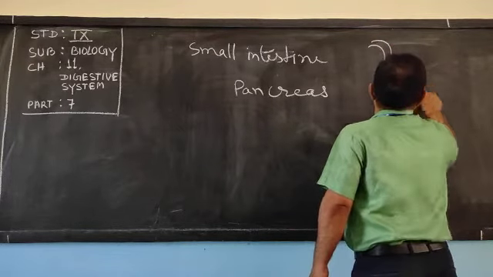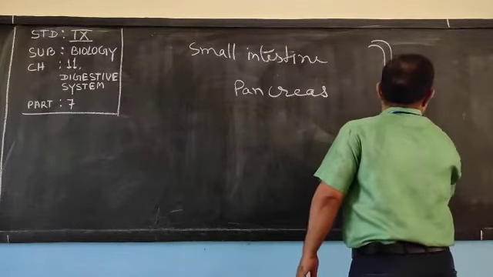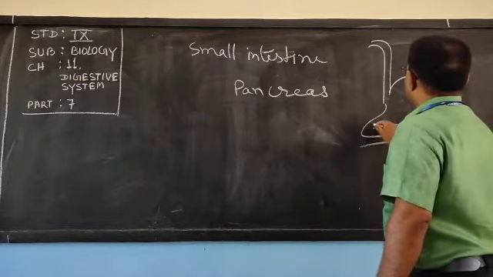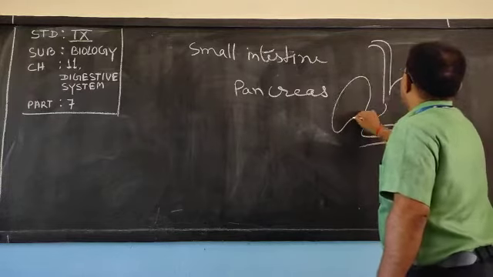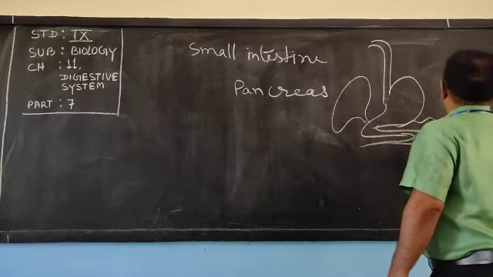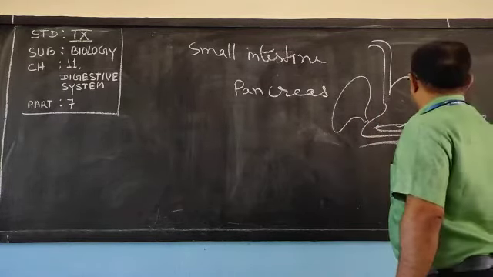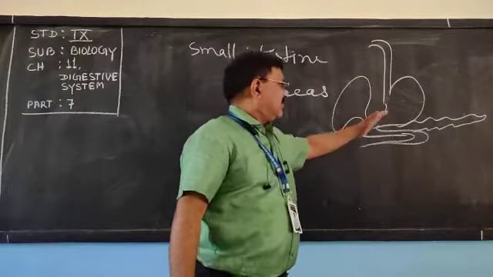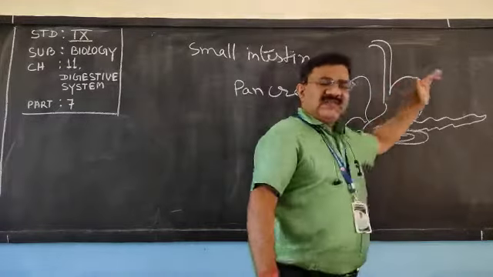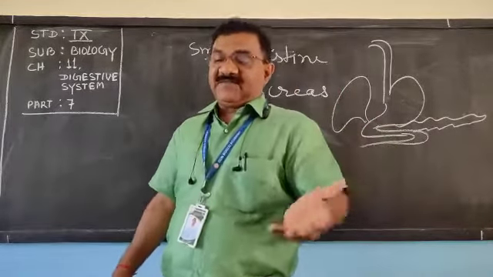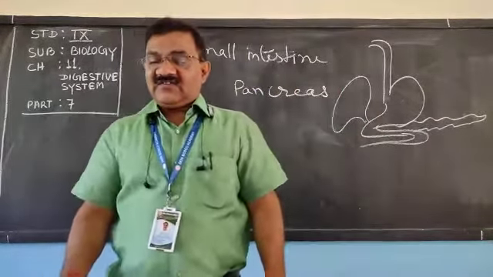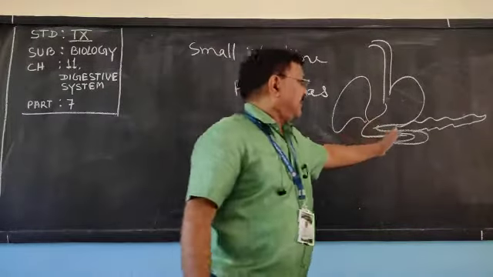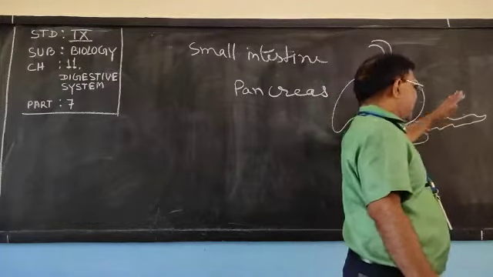This is the digestive system. This is the duodenum. Here is the liver, and here is the pancreas. So, what is the location of the pancreas? Just below the stomach on the left side, just behind the stomach on the left side. This part is clear, it is the pancreas.